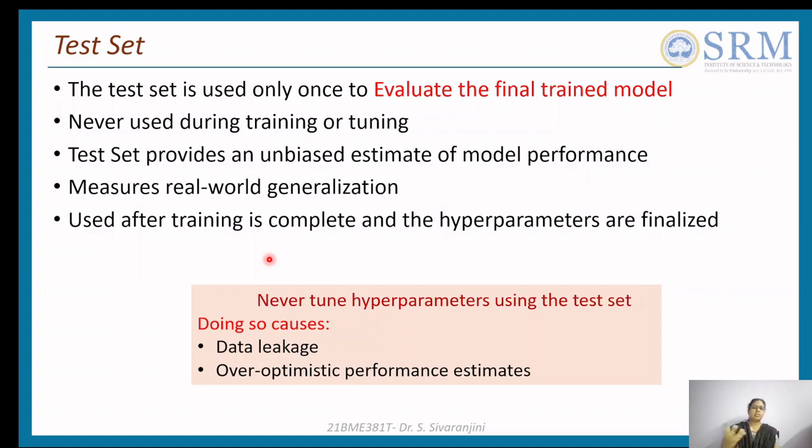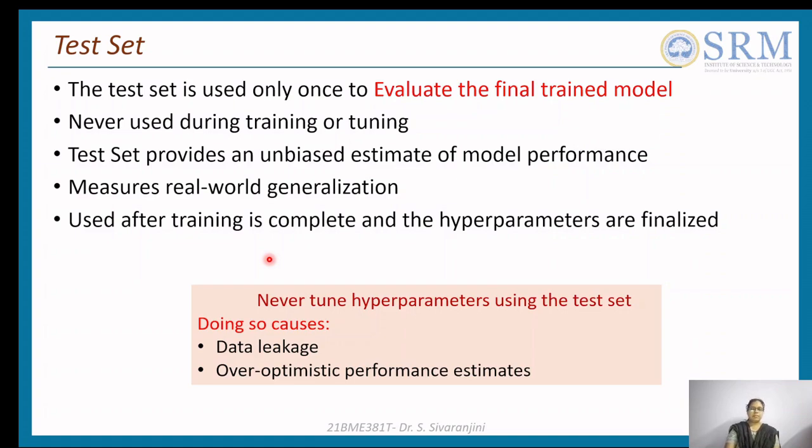Based upon the validation set performance, you tune the hyperparameters, then train again, and try to stabilize the model and give it good generalization capacity, which means that as your training loss goes down, your validation loss also goes down. After that, you give the test set, which is only 10% of the data and has not been seen by the training and the validation sets.